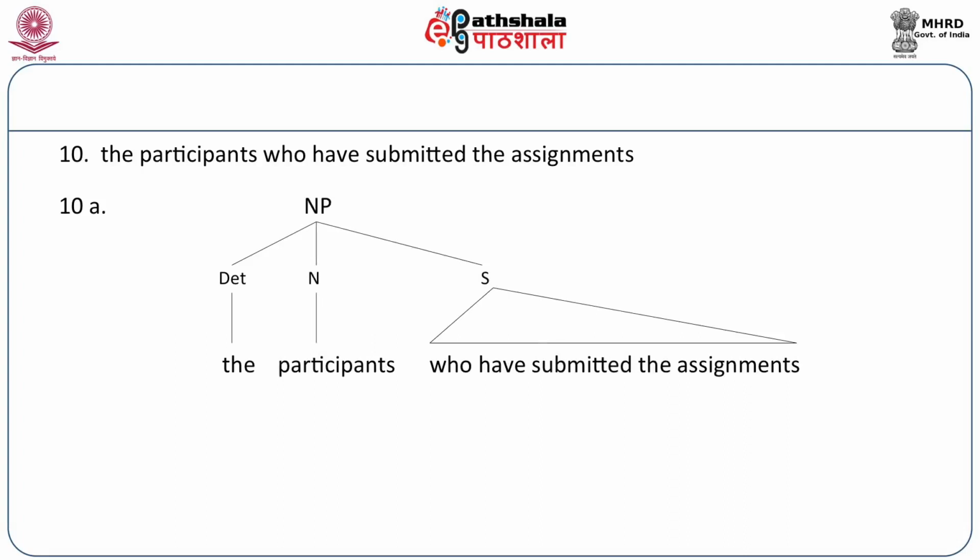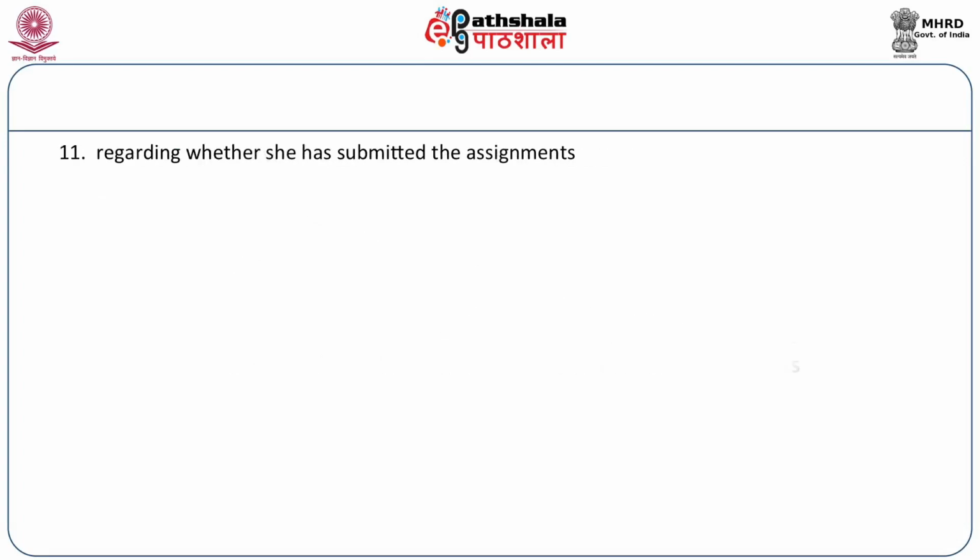Here in the noun phrase, we have a determiner which is the, and then the head noun participants, and then we have a clause which is who have submitted the assignments. This clause will have two parts, again a noun phrase and a verb phrase, and who is the subject of this clause.